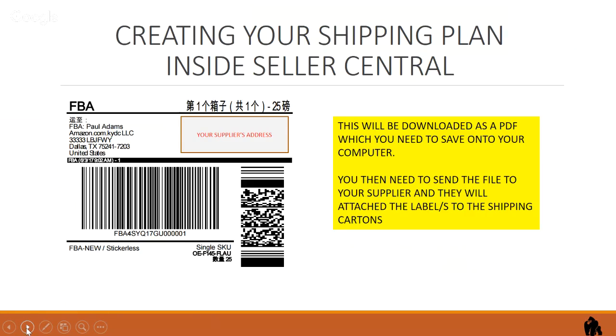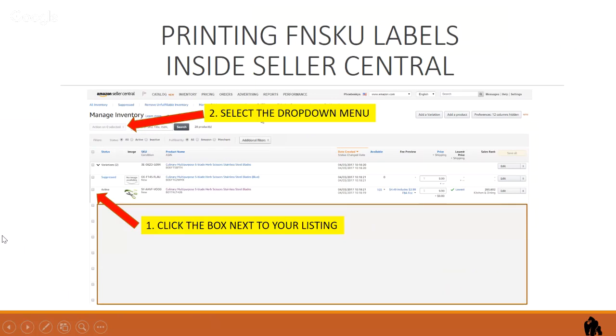Now, some people ask, what about FNSKU labels or other labels? Just to make life easy, print out some FNSKU labels. This is the Amazon designated product code for each of your products. Let me say that again.